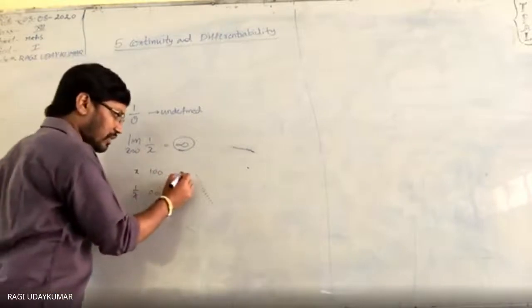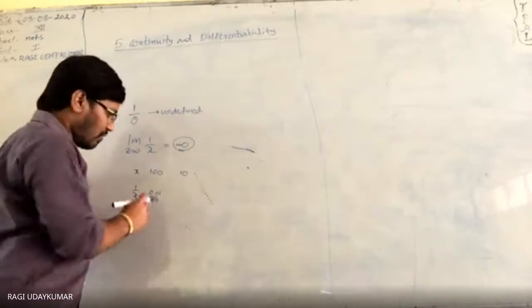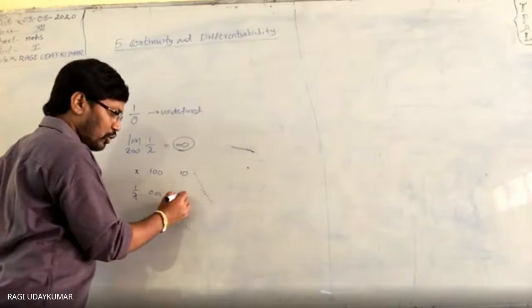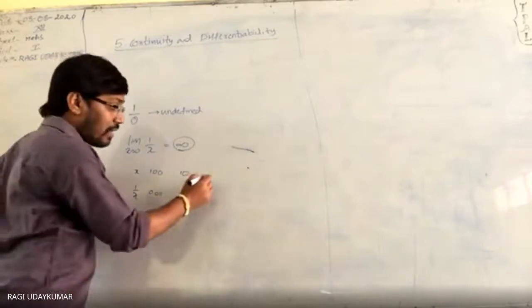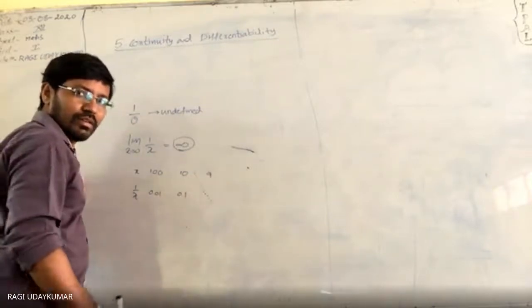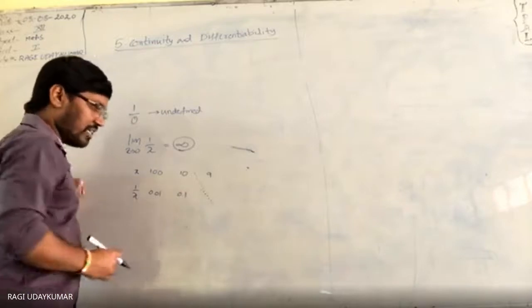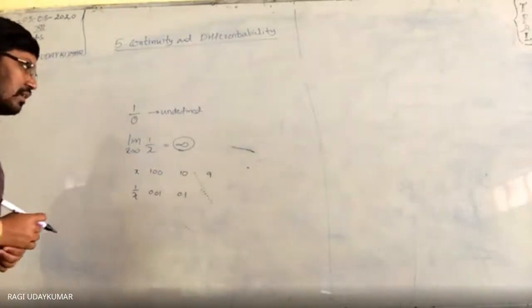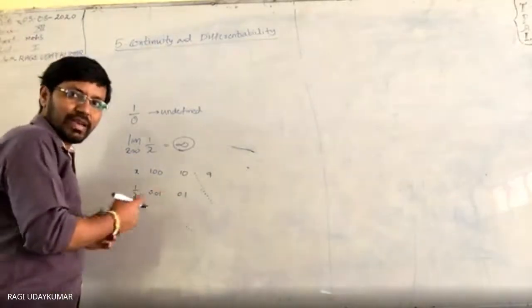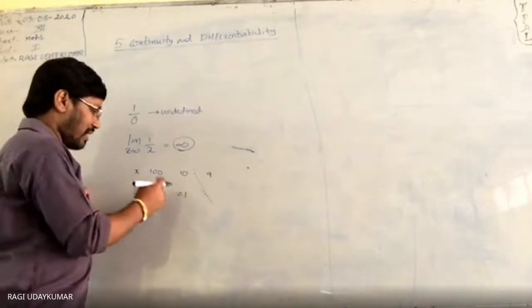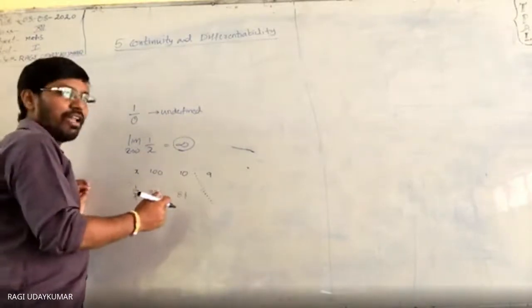X value you take 10, then 1 by x value is 0.1. X value you take 9, 1 by x value is 1 by 9.